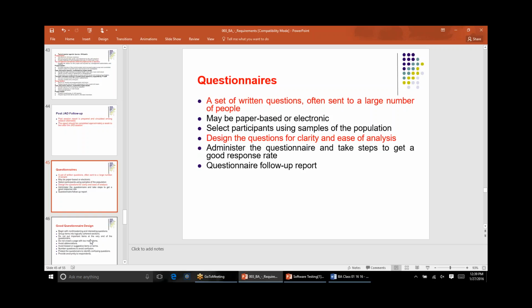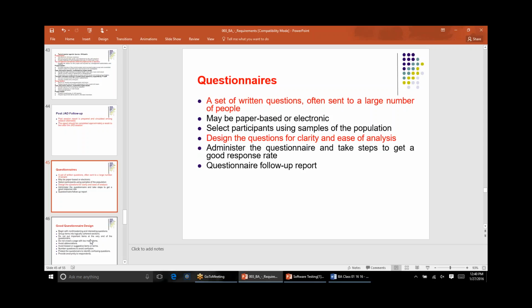Many times you spend a lot of time focusing on, determining, and understanding these sets of questions, determining what all questions we require, what kind of questions we require. So these are the questionnaires.